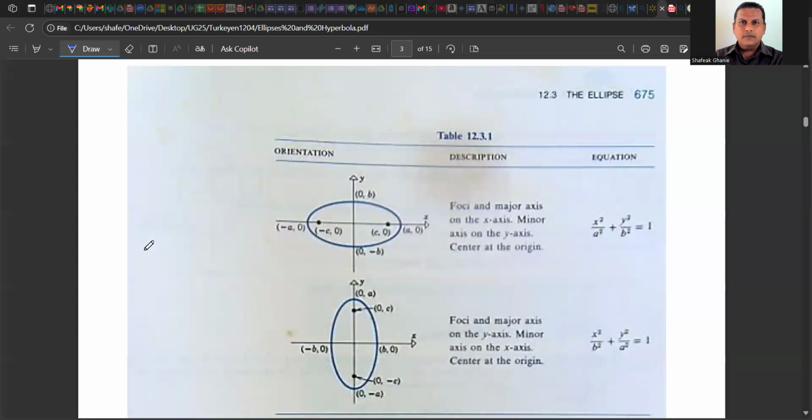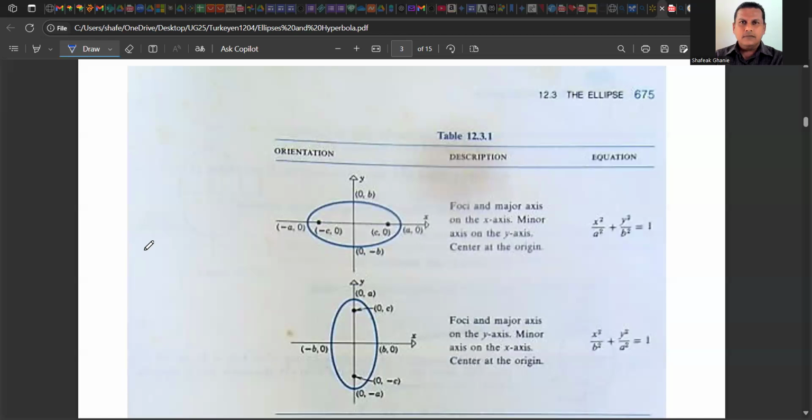You're seeing the various parts there, depending on how the ellipse is oriented. What you're seeing here is the ellipse being centered at the origin, so there's no translation of axis, which we really have to deal with in this course. But this is what you had dealt with in the previous course. An ellipse centered at the origin, and the orientation is a little different.